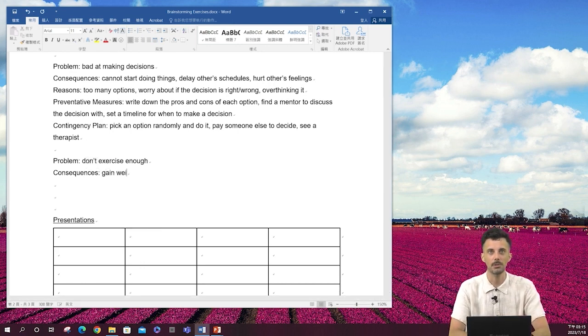Gain weight is a good one. So for anyone going to the US, be ready. Food is a lot. Okay. Be in poor health.